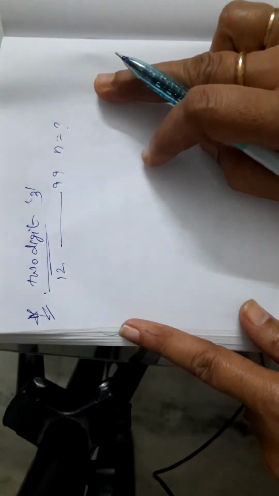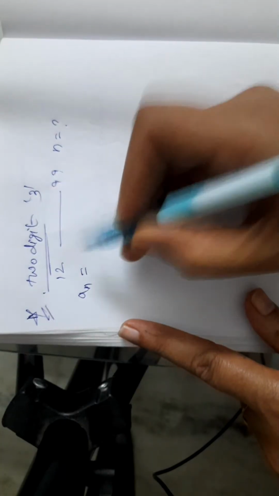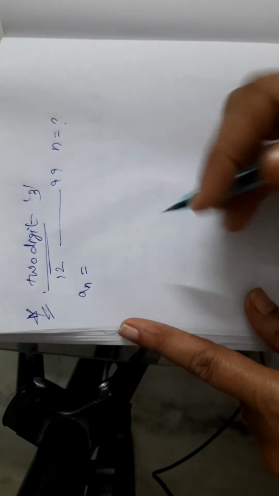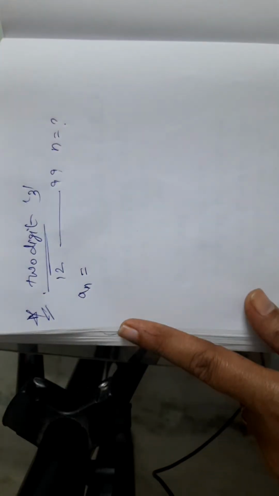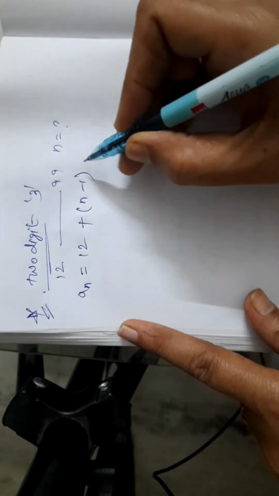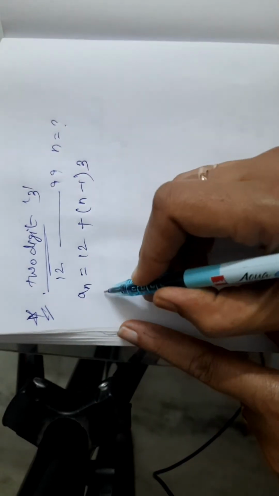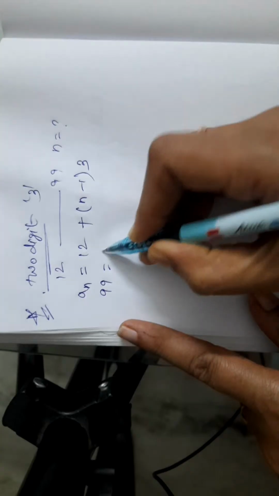This will simply be found by a formula. An is a plus n minus 1 times d. D is 3 as they are divisible by 3. An is 99.